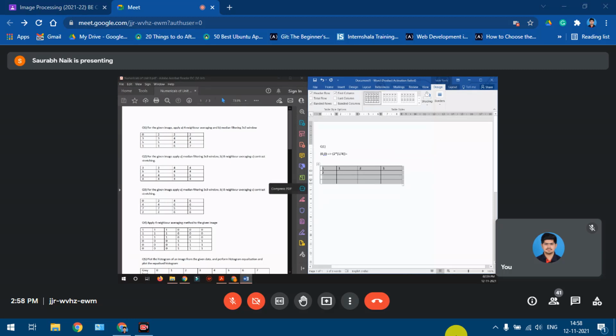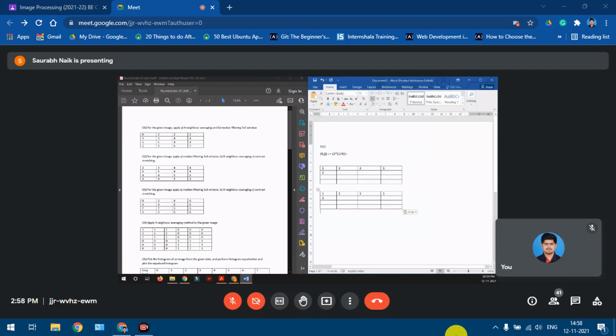Now, for example, if I were to apply median filtering to this particular image, then I would have to check what would be the neighbors over here. So for median filtering at 0, comma 0, I would have the values 0, 2, 3, and 3 in sorted order. So over here, 0, 2, 3, and 3.